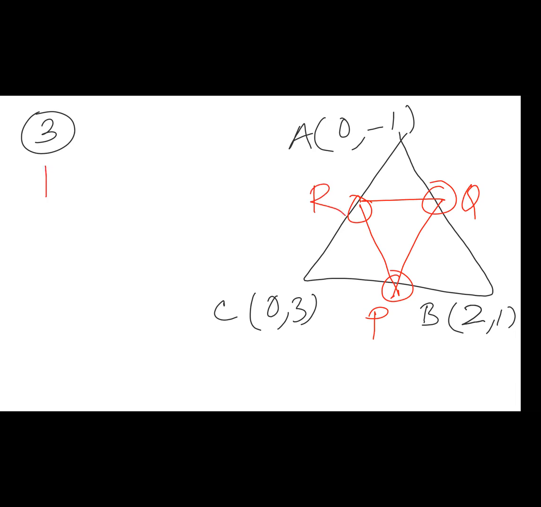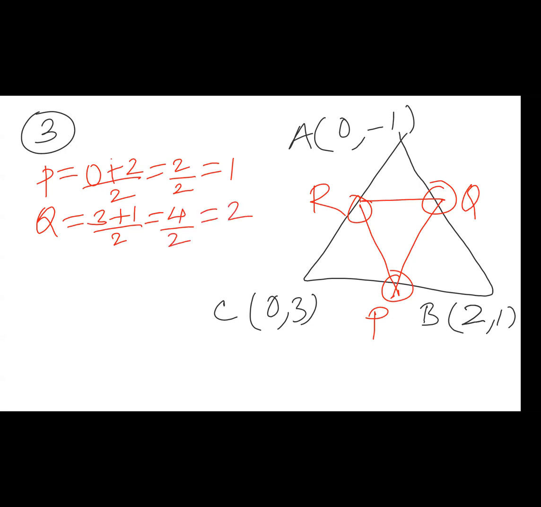Now you know what is the coordinate of P. P will be (0 plus 2) by 2, (2) by 2, so 1 and 2.